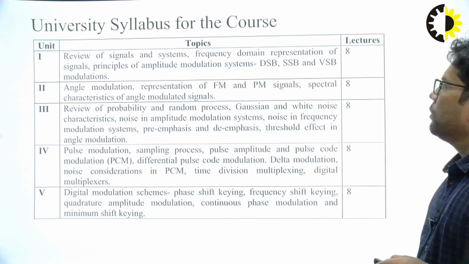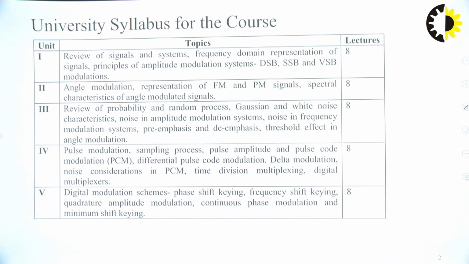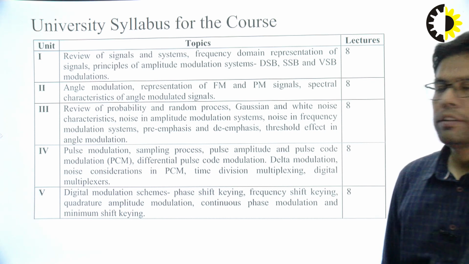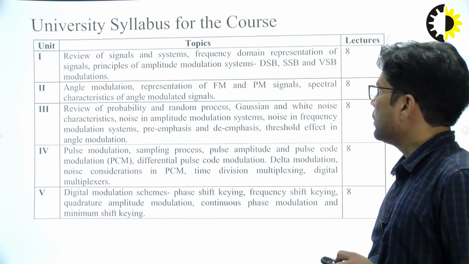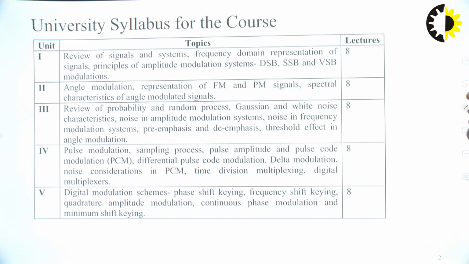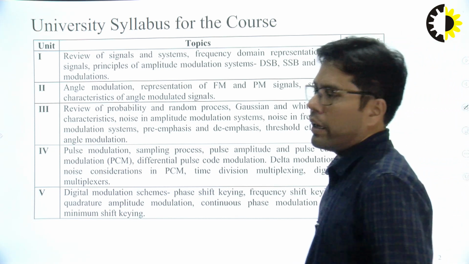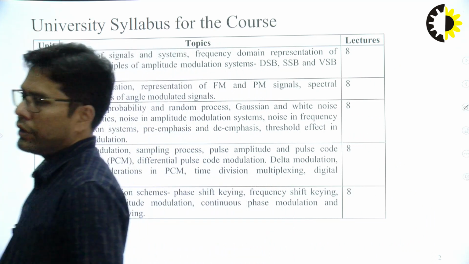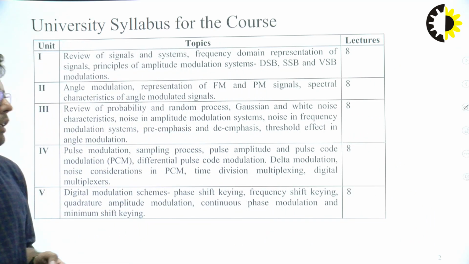In the second unit we will cover the different modulation techniques such as frequency modulation and phase modulation as well. The third unit is related to random variables and random processes.